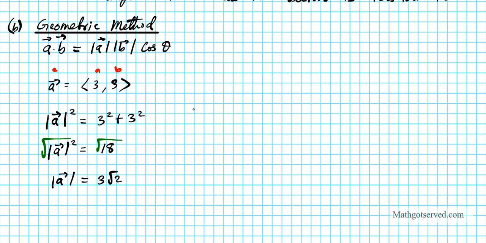All right, now vector B. We need to find the magnitude like the formula indicates here. So vector B is 3, 0. So the magnitude of vector B squared equals, we're using the Pythagorean theorem again. So remember, this is C.